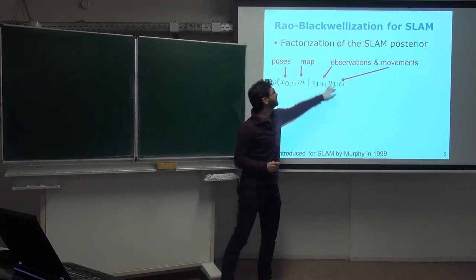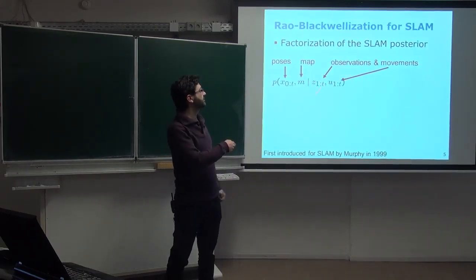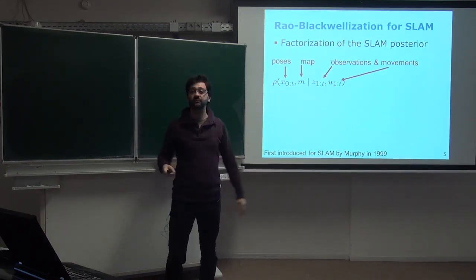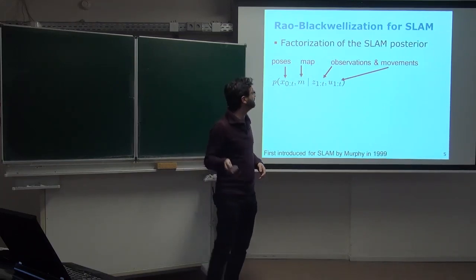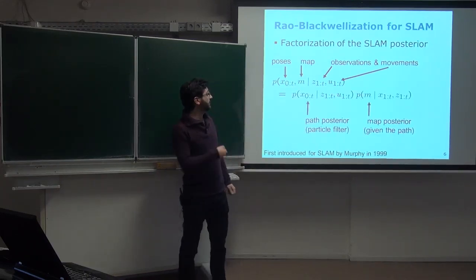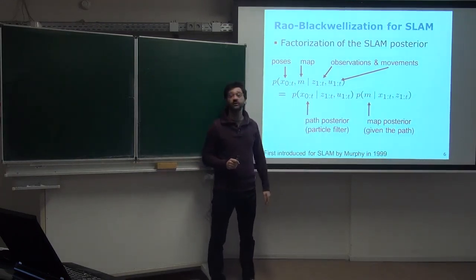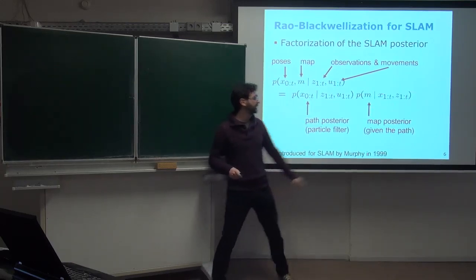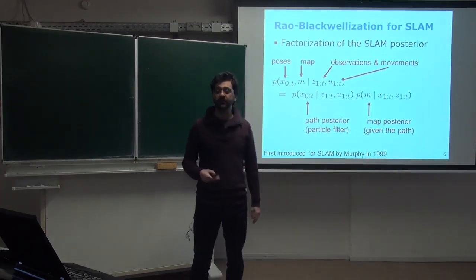Again, we have our sensor and our control, or you can say the exteroceptive measurements, the ones from the outside, and the proprioceptive measurements, the ones that come from inside the robot, like the wheel encoder. This again can be factorized into these two products. We have a path posterior that we again will estimate with a particle filter, and we have a map posterior where, given the path, we can use mapping with known poses.